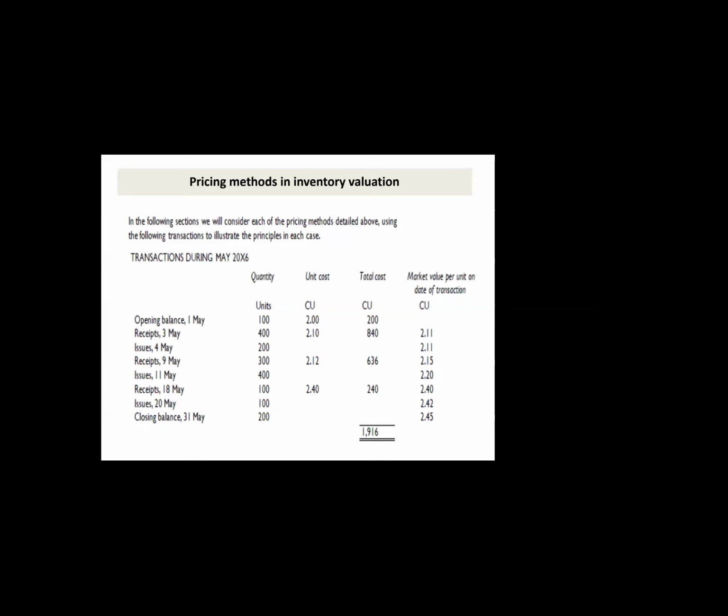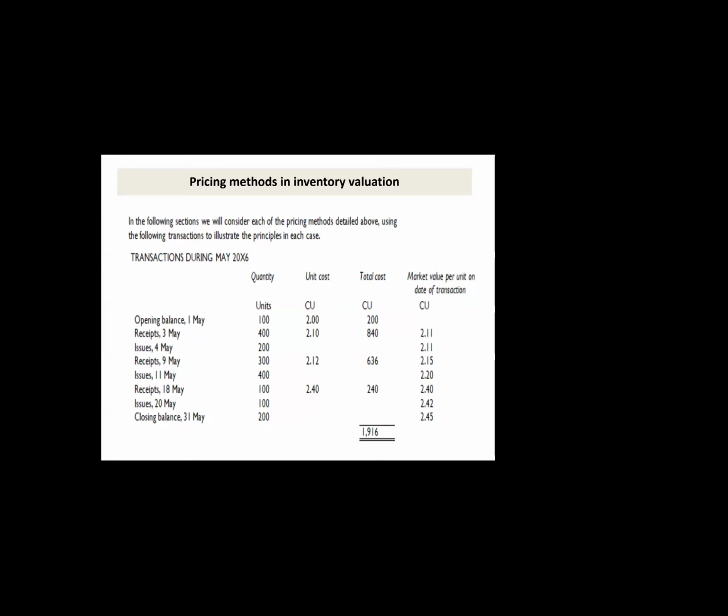Definitely. So look here, coming to 18th May. On 18th May, we received 100 at the rate of 2.40. So our inventory status would be 200 at the rate of 2.12 and 100 at the rate of 2.40, right? Yes, sir. Then on 20th May we issued 100, so 100 would be issued at the rate of 2.12.